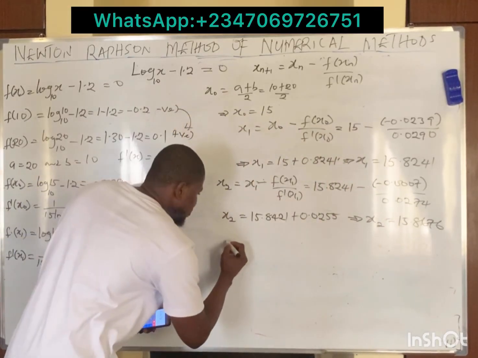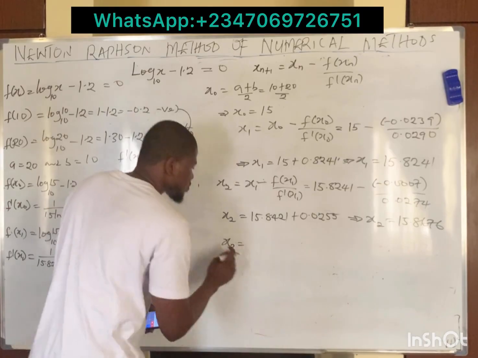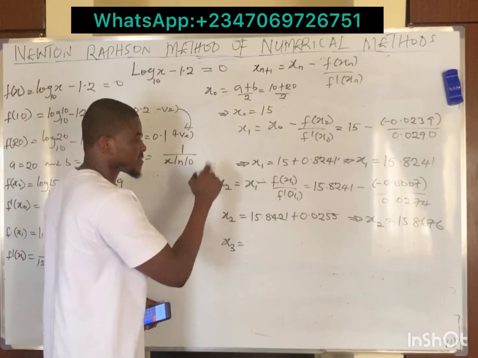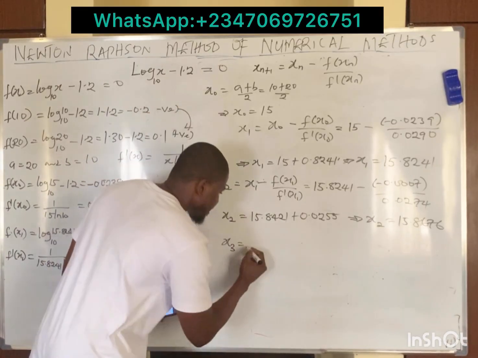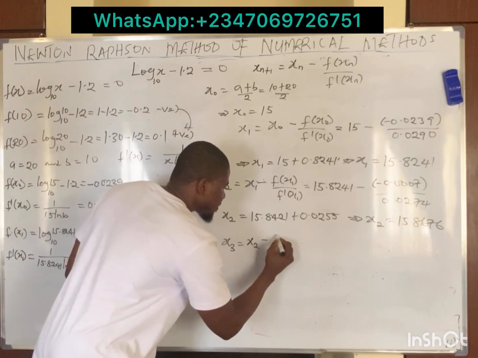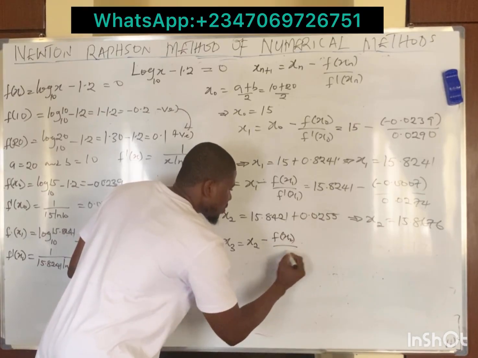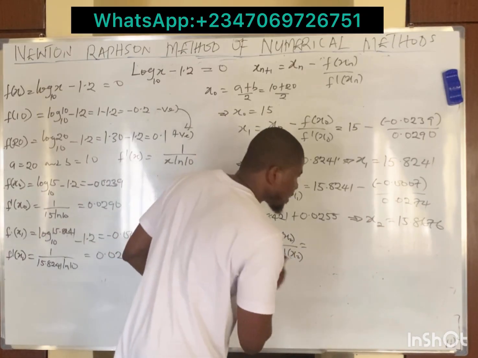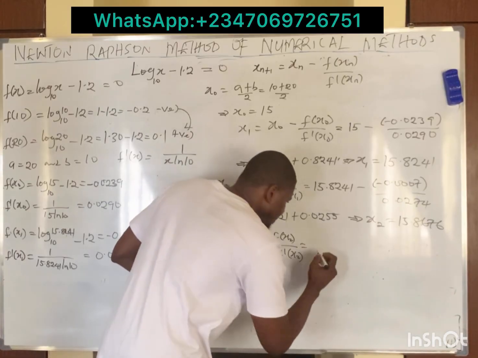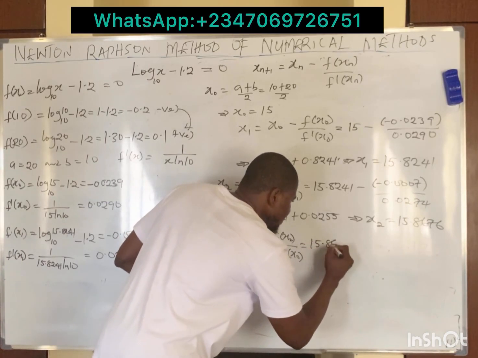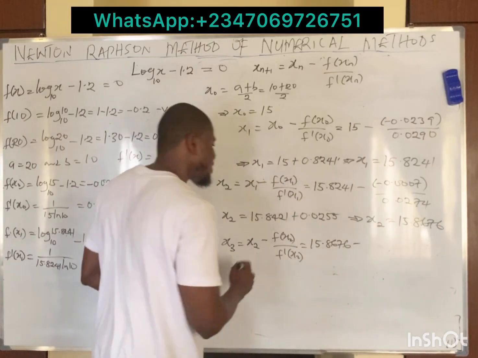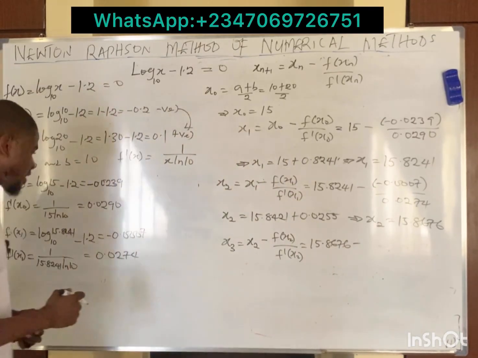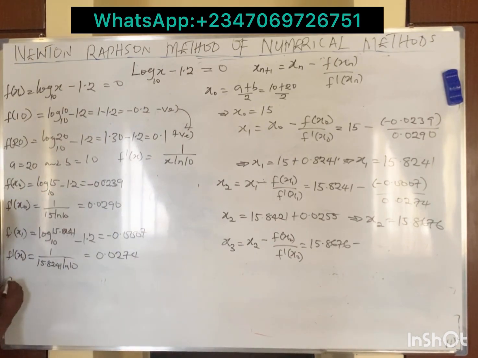Now we find the third root via the third iteration. For the third root, x2 replaces x1 in the formula, so we now have x2 minus f of x2 all over f prime of x2. We know the value of x2, 15.8676. So we have 15.8676 minus, let's now find f of x2 and f prime of x2. f of x2 simply means plugging the value of x2 into the function.